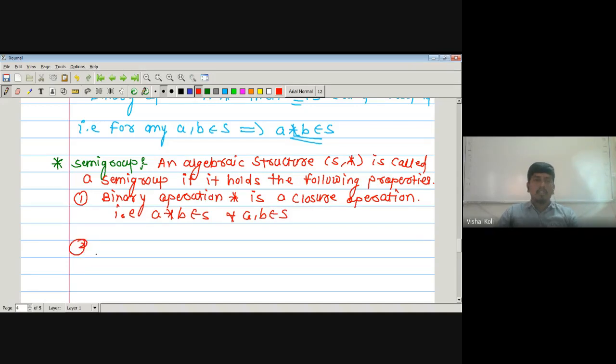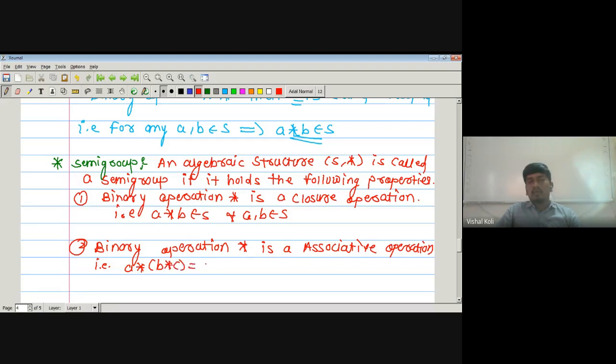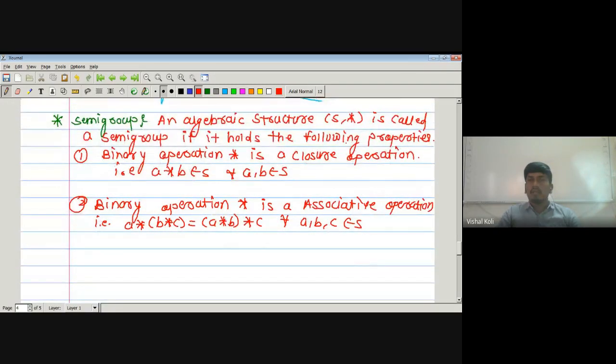And the second condition is that binary operation star is an associative operation, that is, (a star b) star c is equal to a star (b star c) for all a, b, c belonging to S. So any algebraic structure S with binary operation star is called a semigroup if it holds the following two properties.